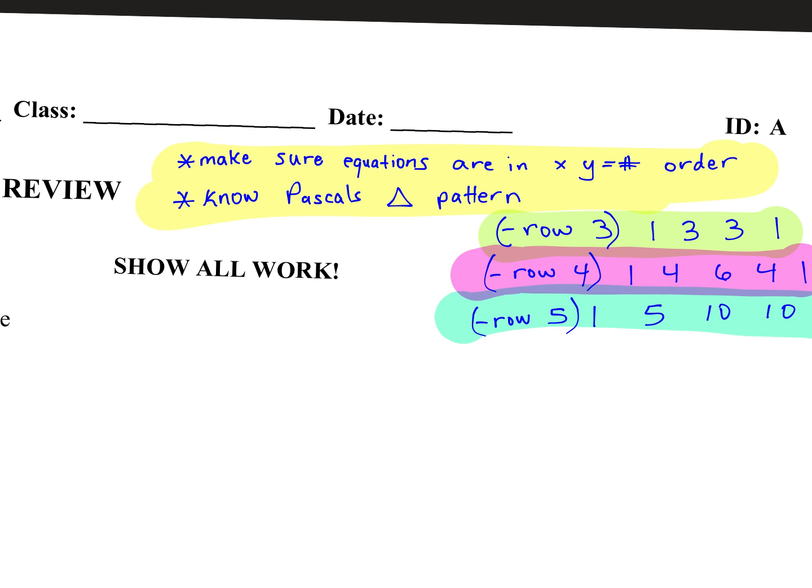If it doesn't, get it in that order. You can algebraically move things around. If it's on the same side of the equation, you just move it, and if it's moving from one side to the other of the equal sign, then you change the sign. But it needs to go x, y, z equals number. If there is not a letter present, what do you put? A 0, okay? So just make sure everything's in order.